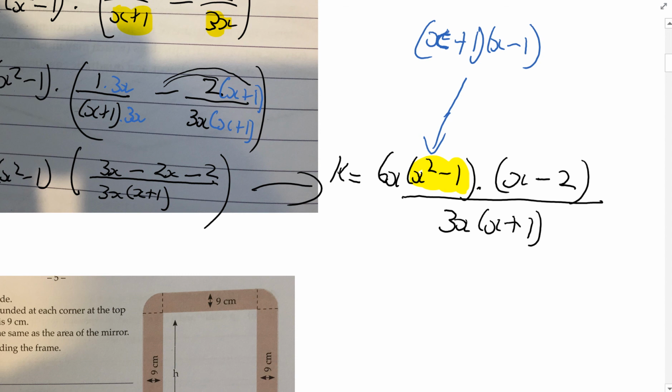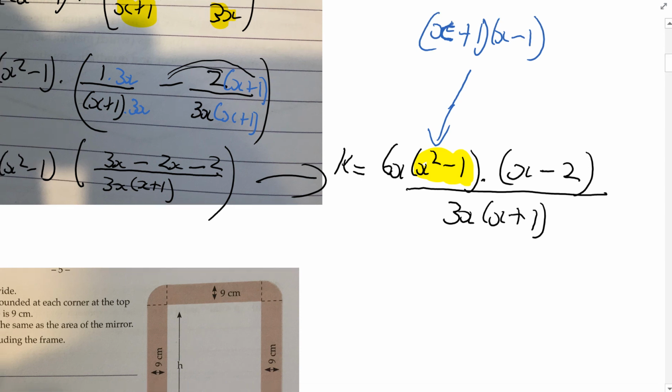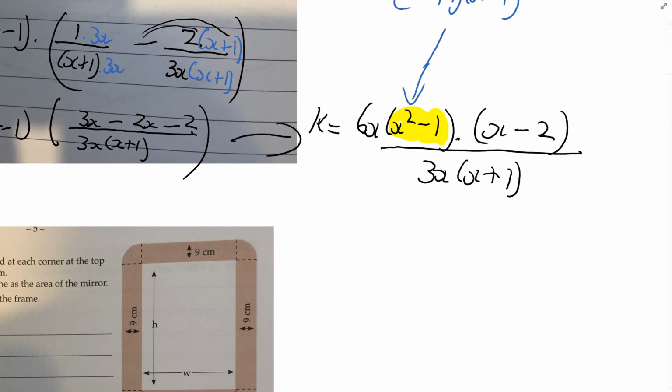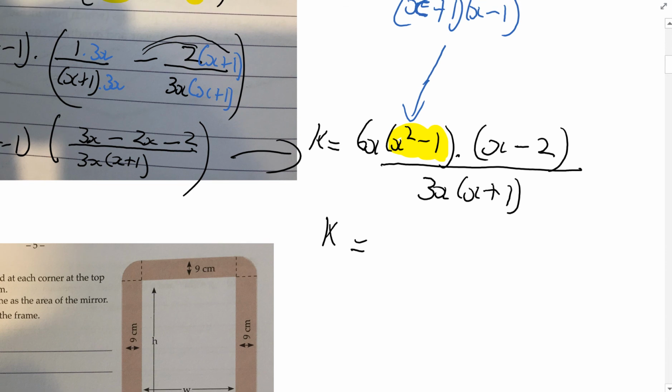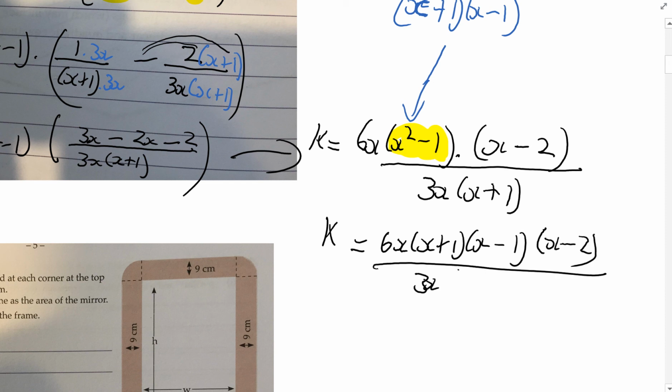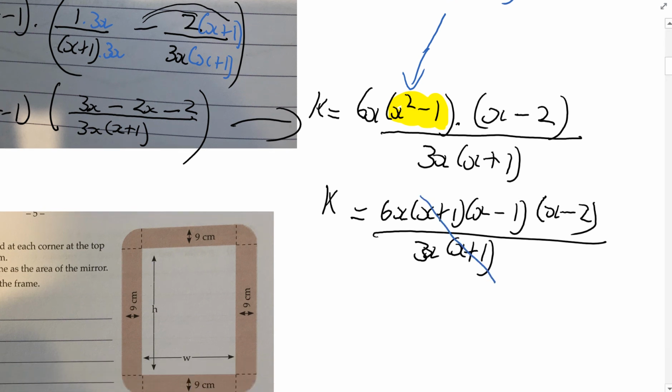So let's try that. Because I know that there's an x plus 1 on the bottom, so that's going to help me simplify this by cancelling those out, isn't it? So k equals 6x, x plus 1, x minus 1, and then x minus 2, over 3x, x plus 1. Now, what cancels out? Well, the x plus 1 terms now cancel out.